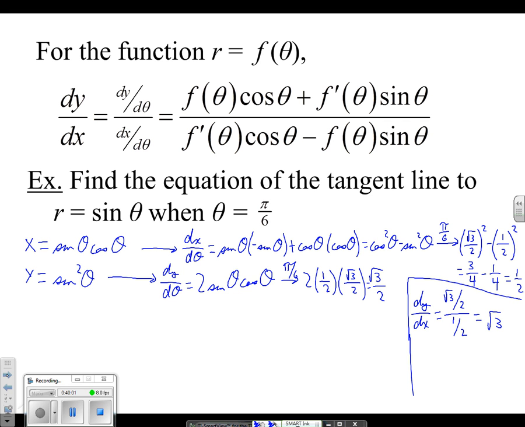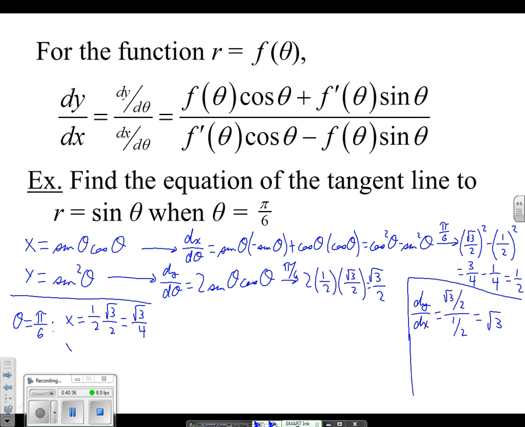There's one more thing that I'm missing, and that is a point. I've got the slope of my line, but I don't have the point that my line passes through. Well, the point is when theta is pi over 6. When theta equals pi over 6, x is equal to the cosine of pi over 6 times the sine of pi over 6 times the cosine of pi over 6, which is root 3 over 4.